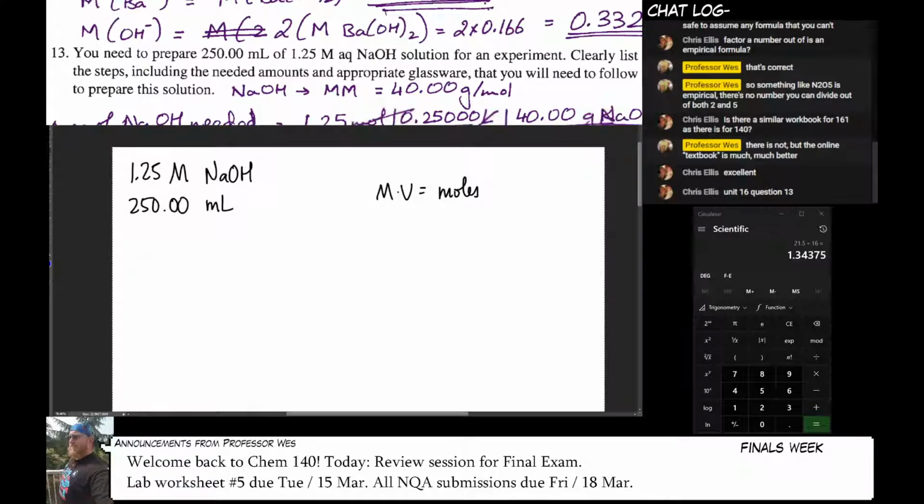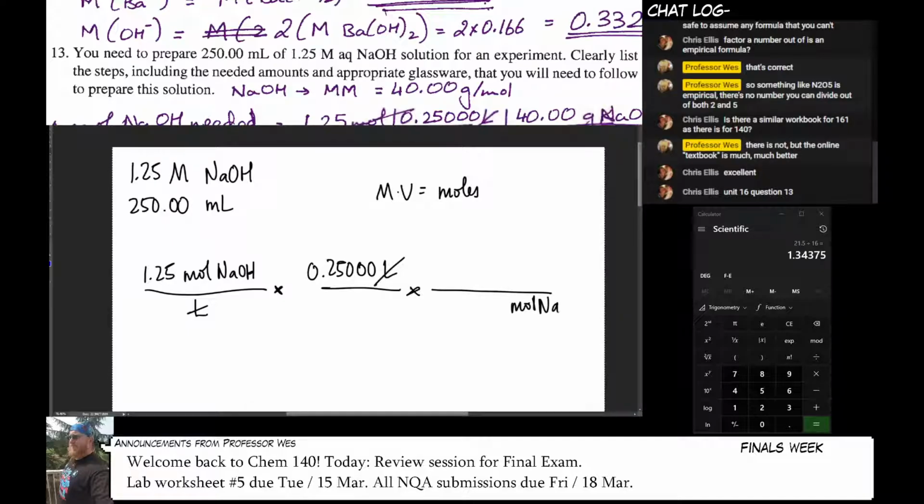So we'll say the molarity times the volume, which I'm just going to write like this, will give me moles of sodium hydroxide. And then I'm going to do this, moles of sodium hydroxide, grams of sodium hydroxide. So I can cancel this guy over here with that guy.